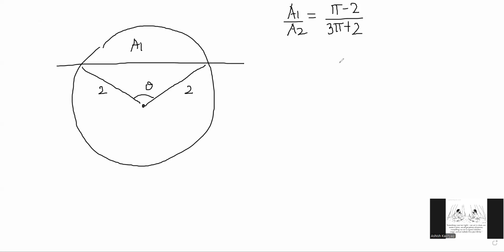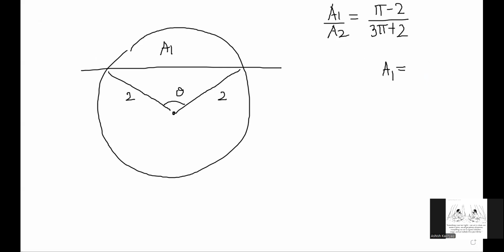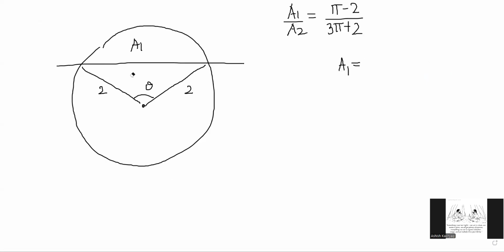Now, if you think about it, A1 area will be the total circle area, which is pi into 2 square minus... basically, for A1 area, we should not do it like that. We cannot subtract it from the total circle area. We should subtract it from the sector area. So it will be sector area minus triangle area. Area of sector minus area of triangle, right?